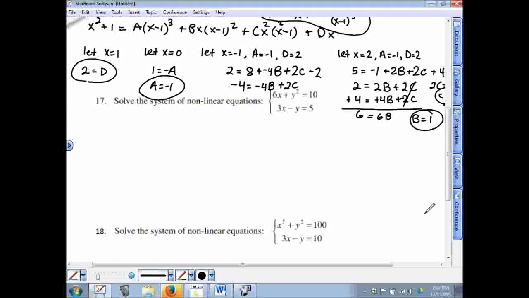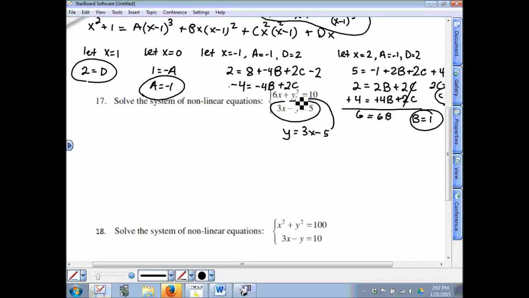Okay, question 17. Solve a system of nonlinear equations. We can solve this using substitution or elimination, either one. So I'm going to do substitution on this one. So if we take this bottom equation and solve it for y, we're going to get y equals 3x minus 5.